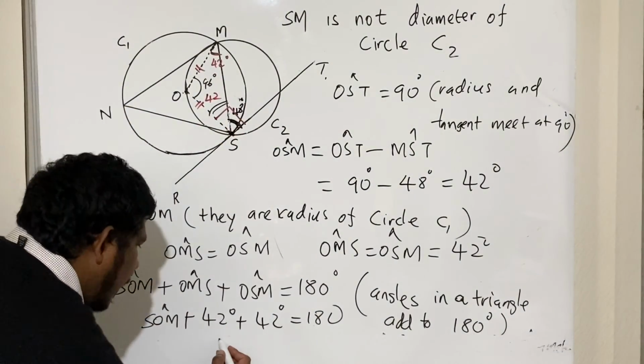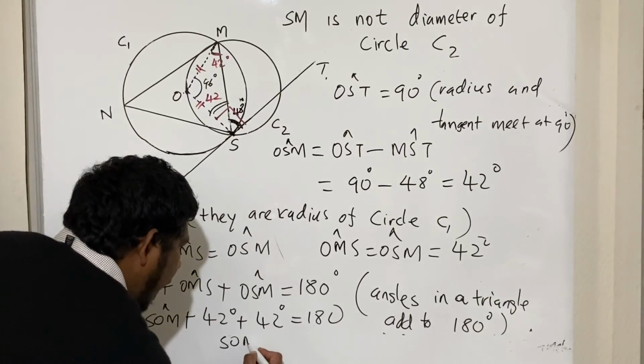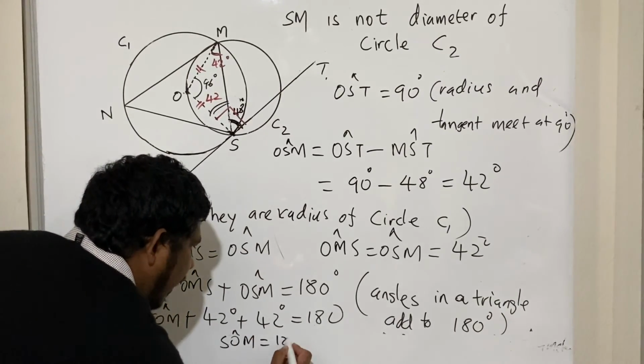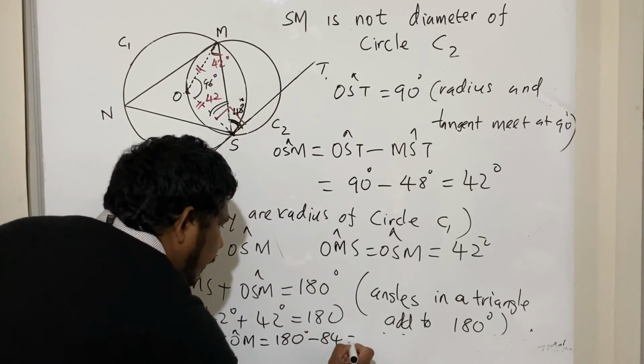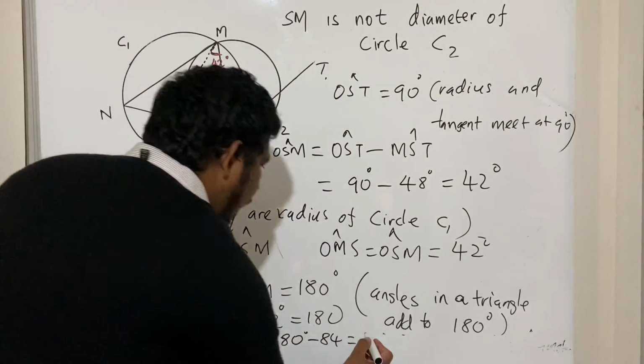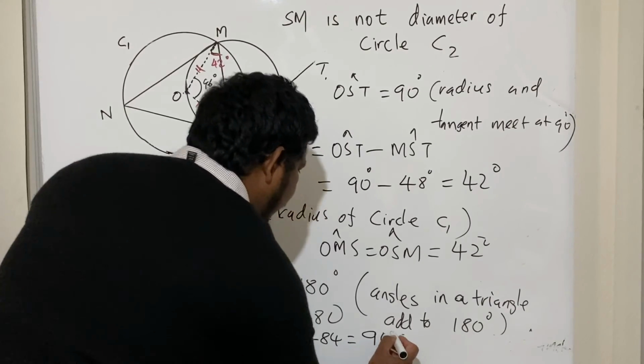So it gives SOM equals 180 minus 84. So that is 96 degrees.